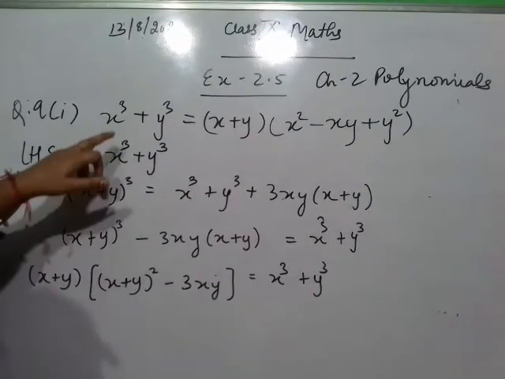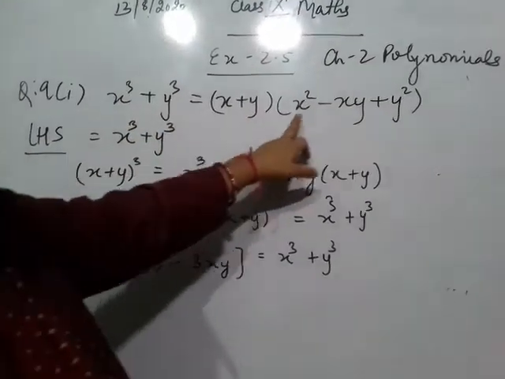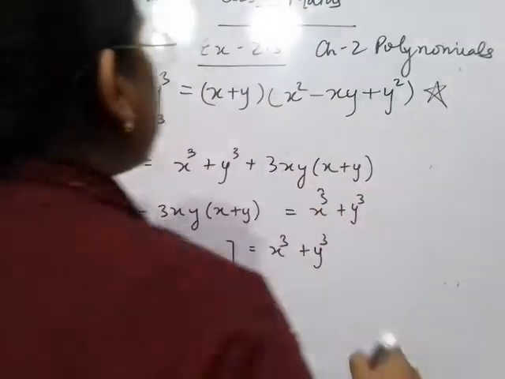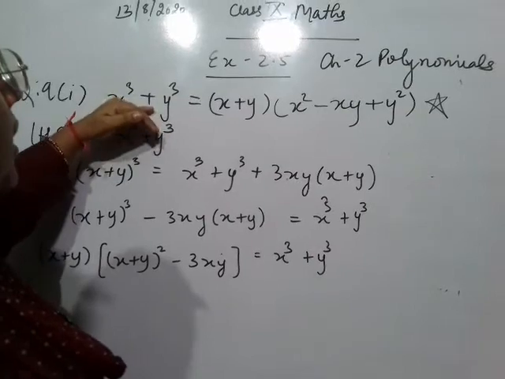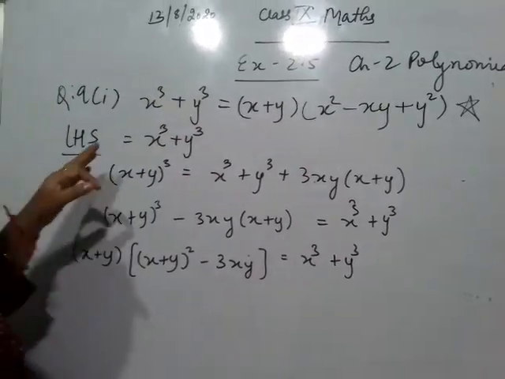The question says verify x cube plus y cube is equal to (x plus y)(x square minus xy plus y square). This is an important identity. You have to remember this identity whenever we have to factorize cubic terms. Now we have to prove this.